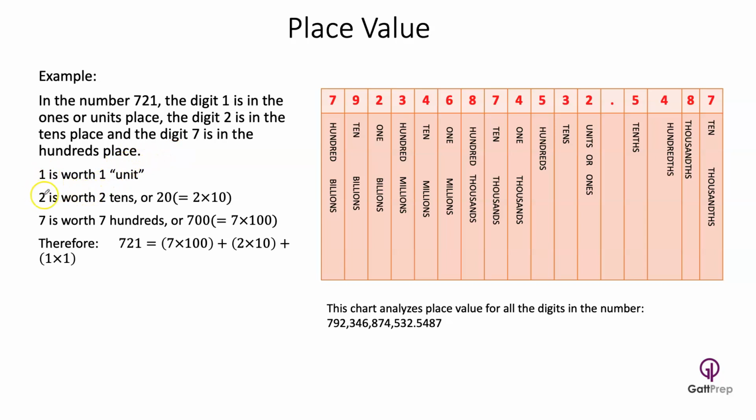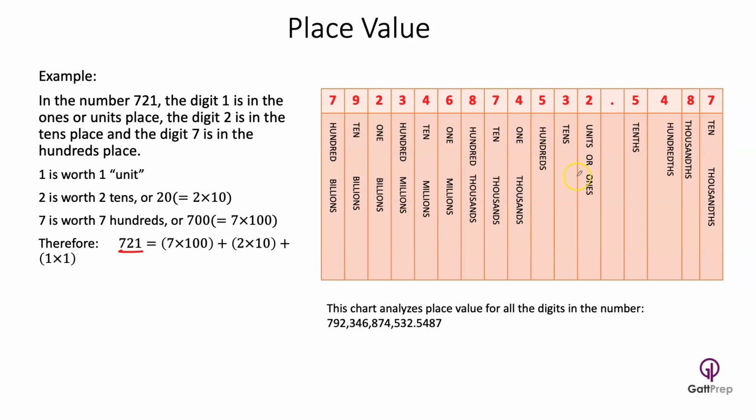So 1 is worth 1 unit, 2 is worth 2 tens or 20, 7 is worth 7 hundreds or 700. Therefore, 721 is 7 times 100, plus 2 times 10, plus 1 times 1, which makes up the number 721.